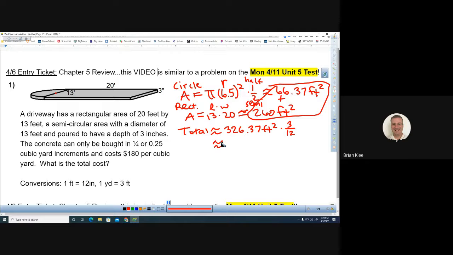So I times by 3 and divide by 12 on my calculator, or times by 3/12, or times by 1/4. The volume is 81.59 cubic feet.